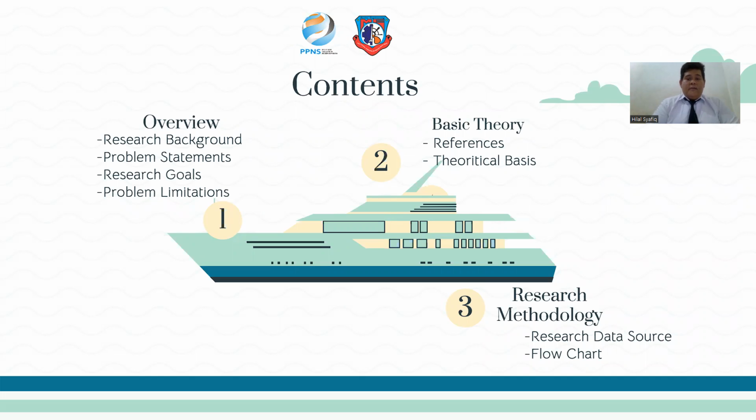Number two is basic theory, which contains a reference and a theoretical basis. And number three is research methodology, which contains the research data source and a flowchart.